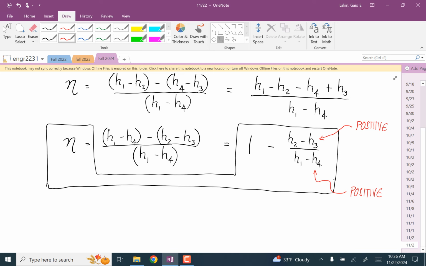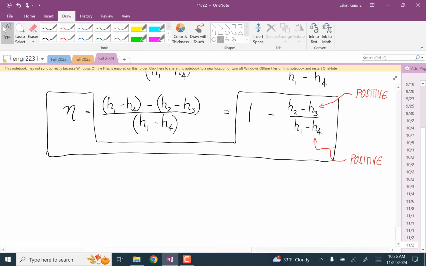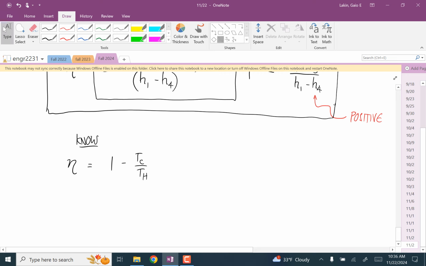Okay, so a couple of things. Last time we learned, now we know that the efficiency is equal to 1 minus T_C over T_H. And we also know that this efficiency we can write as 1 minus h2 minus h3 over h1 minus h4.